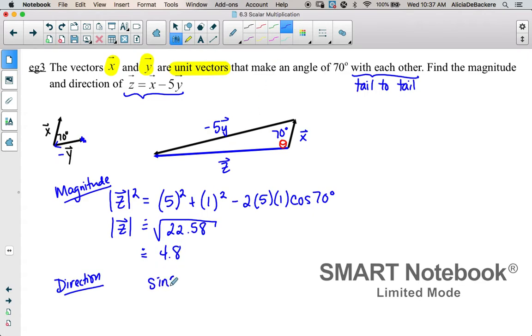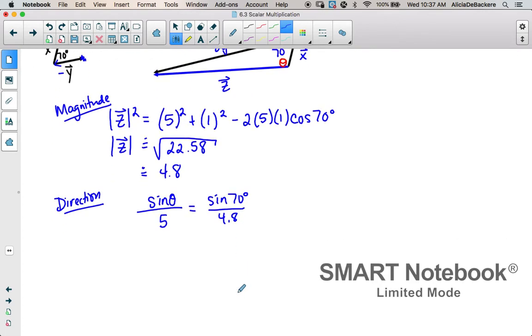So I'm going to say sine of theta is opposite the side length of 5, and sine of 70 is opposite the side length of 4.8. All right, I'm going to solve by bringing the sine theta and the 5 over.